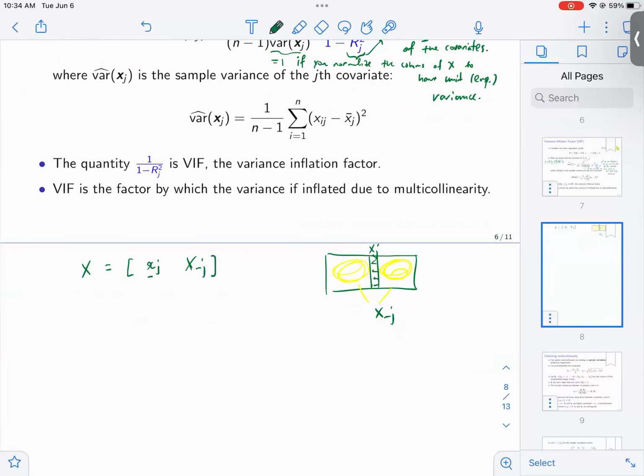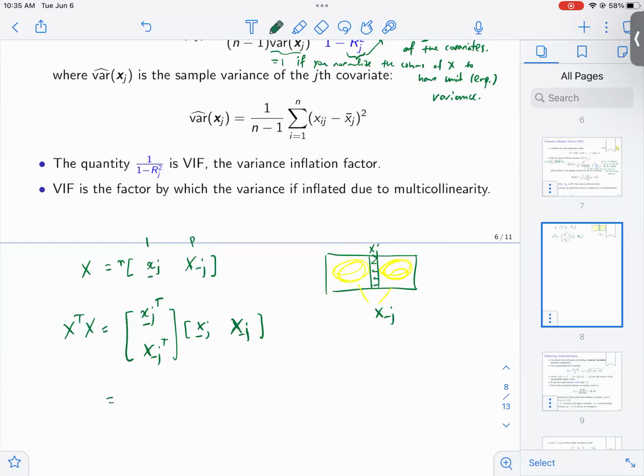The rest is x minus j, and the whole matrix is n by p plus 1. Then x transpose x is xj transpose stacked over x minus j transpose, times xj and x minus j.